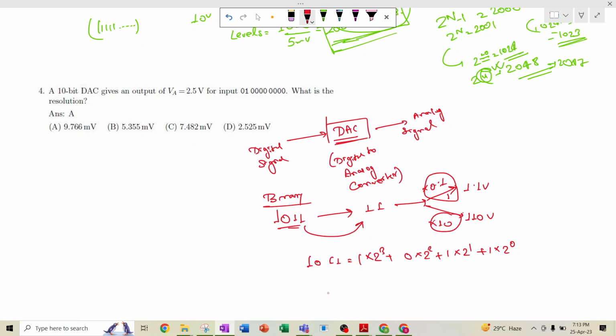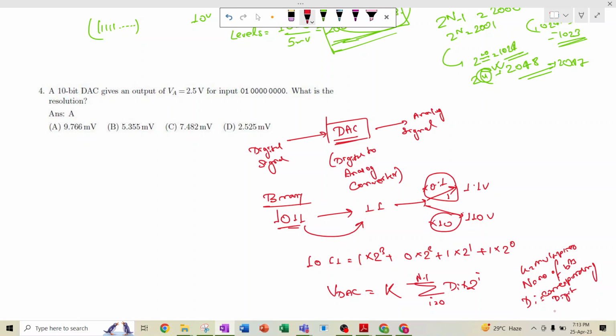So VDAC is nothing but k, the multiplier, into the sum of di into 2 to the power i, where i equals 0 to n minus 1, here 0 to 3. n is the number of bits, k is the multiplier, and di is the corresponding digit, and i starts from 0 to n minus 1.